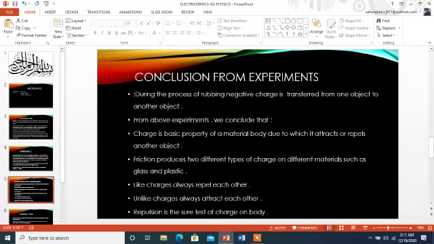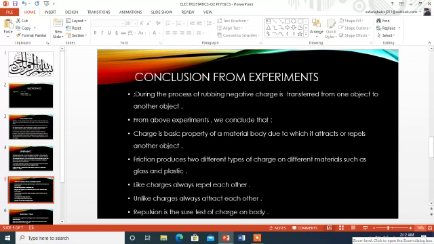So never think that there is migration of positive charge from one side to another. Only electrons leave or arrive on that object. If electrons leave the object, that object becomes positively charged.